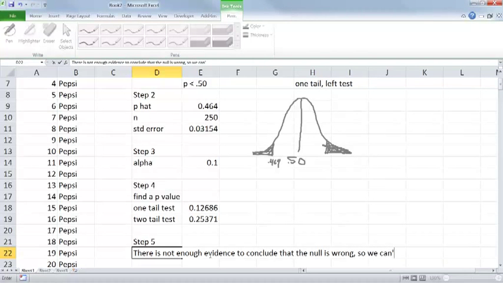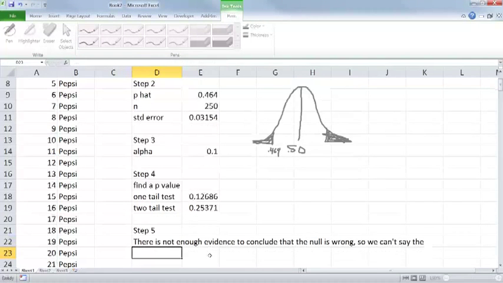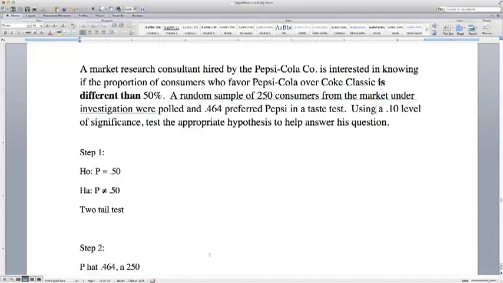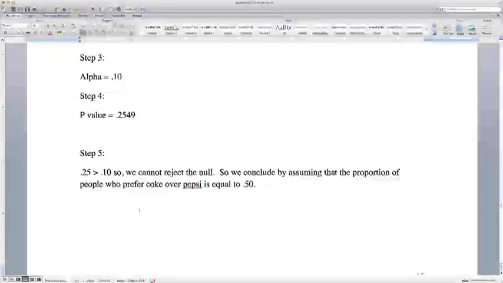So we can't say the proportion of Pepsi preference is different from 50%. We can't say that any different than 50% of the consumers prefer Pepsi in this given sample. Let's double check to see if that's what I actually wrote down.